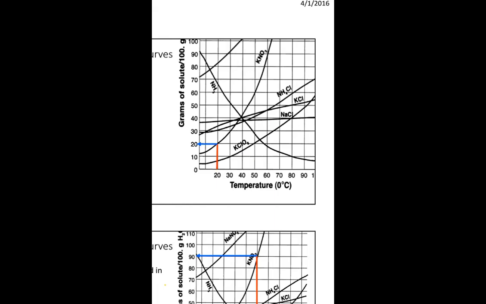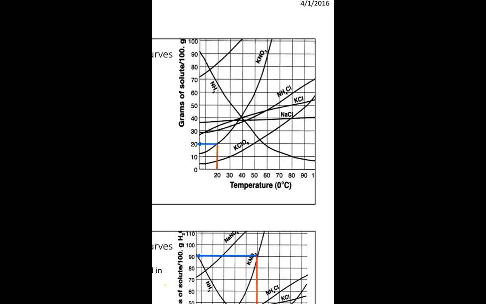When it gets to the point of the curve, then you intersect it and you move to the y-axis. So wherever it meets the y-axis is going to be the mass of potassium nitrate that is going to saturate or dissolve in 100 grams of water at 20 degrees Celsius. I hope that's understood. I want to get your response here so that I will know if I should proceed or not. Yes.